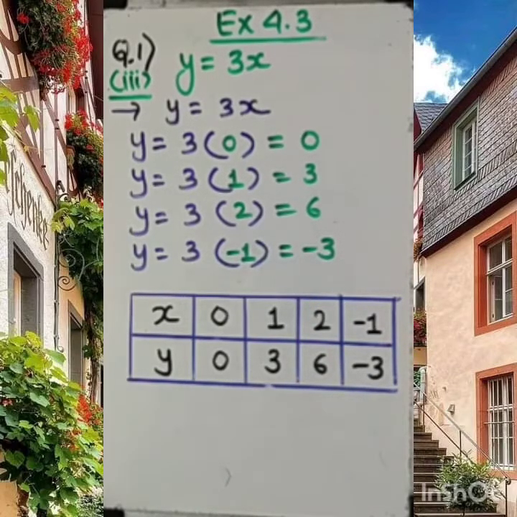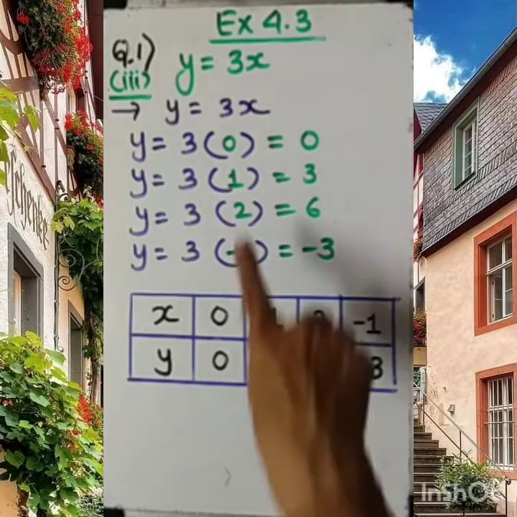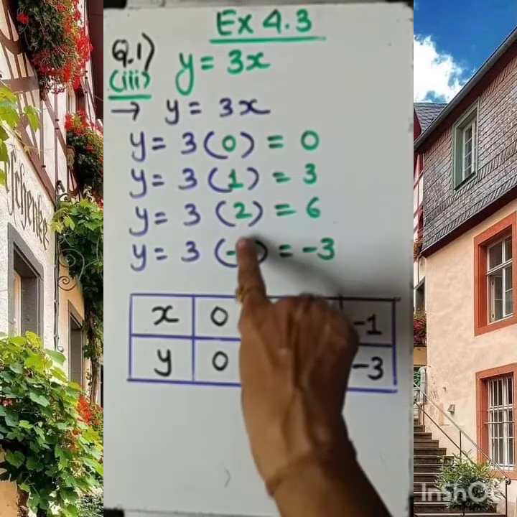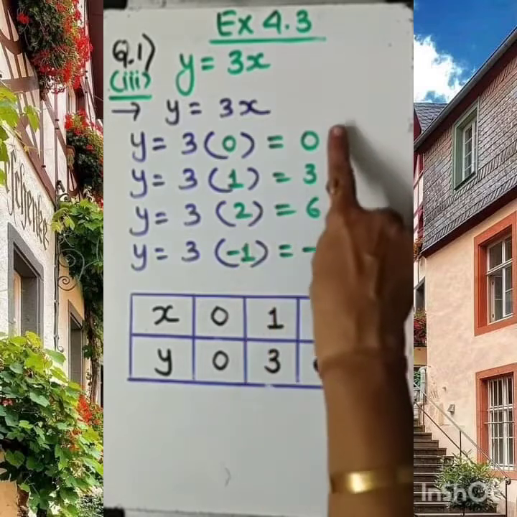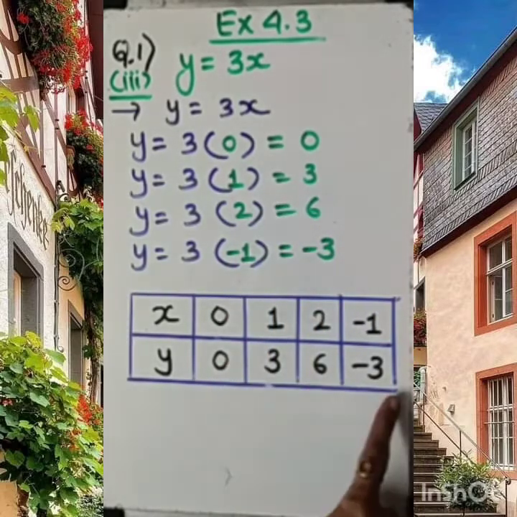Be careful dear student while substituting: the value we are using is for x, and the result we are gaining is for y. So keeping everything in mind, carefully we need to substitute the values in a tabular form. Clear to you? Now next step, what we have to do?